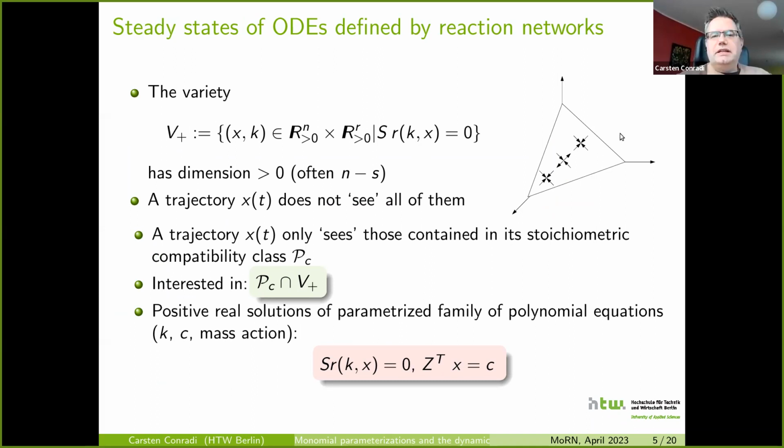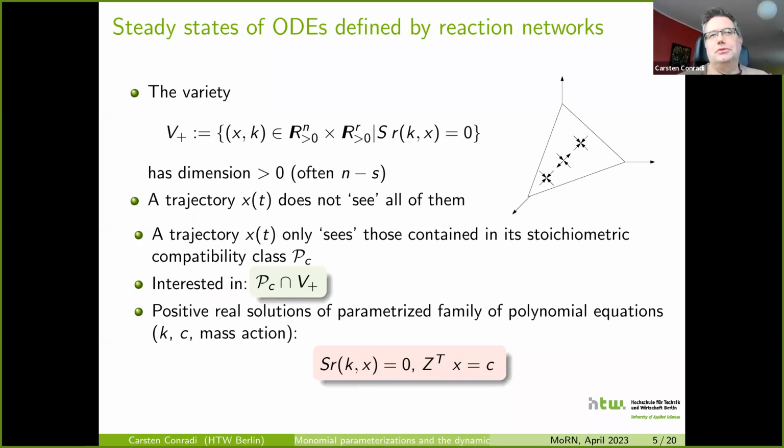Steady states are constant solutions, defined by the polynomials S times R. And I like to look at a certain set of steady states, because I like to treat the rate constants as fixed but unknown.